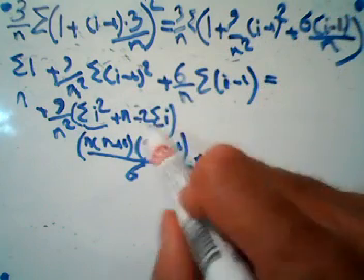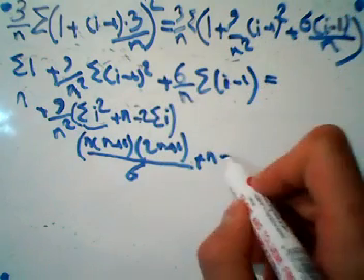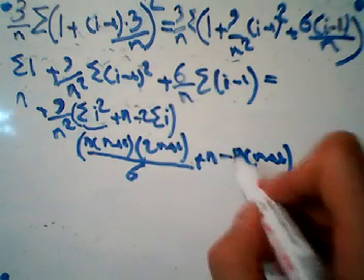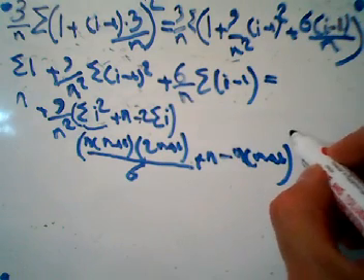So the 2 goes by this, that would be n times (n plus 1).